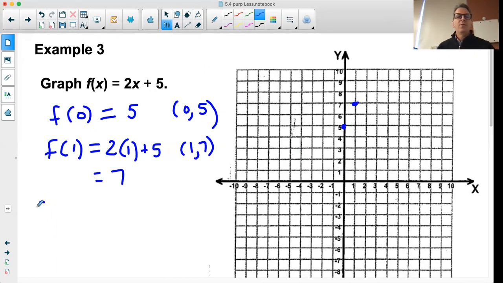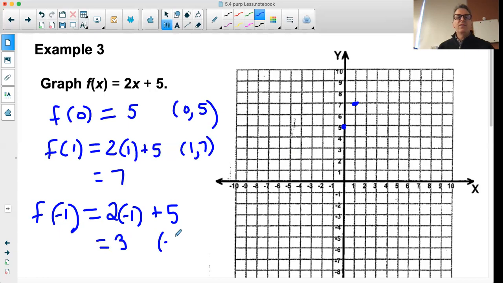And you could take another point just to verify your first two, -1. And you have 2 times -1 is -2, add 5. -2 plus 5 is 3. So -1 was x, positive 3 is the function f at -1.